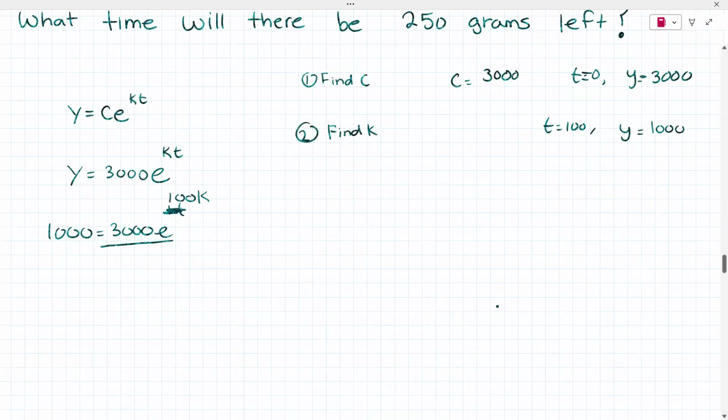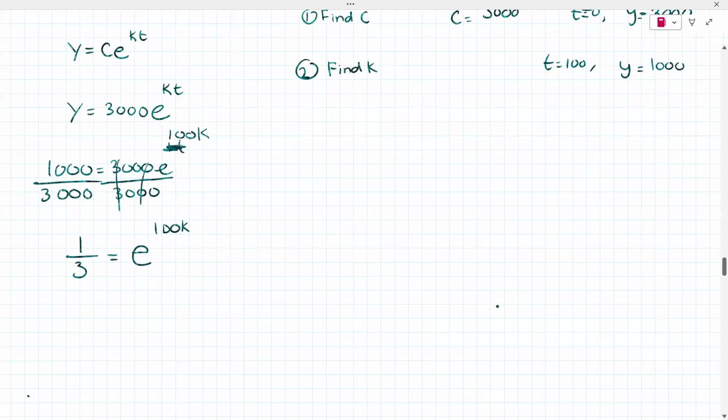Divide this by 3,000, so you're left with one third equals e to the 100k. And then go ahead and solve for k. So there's an e, so you would take the ln on both sides.